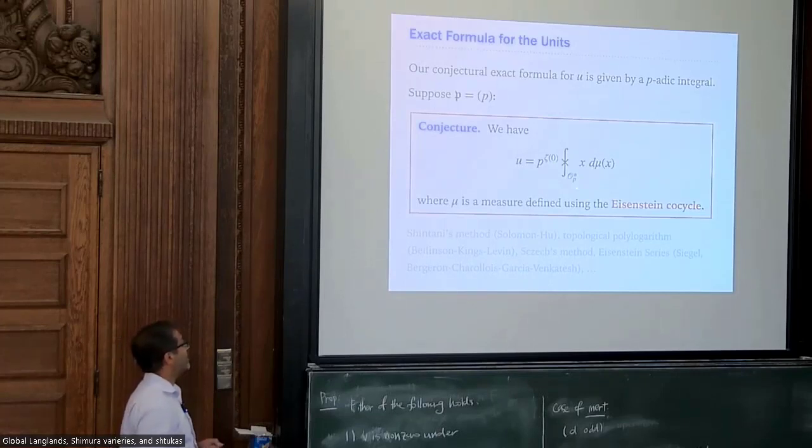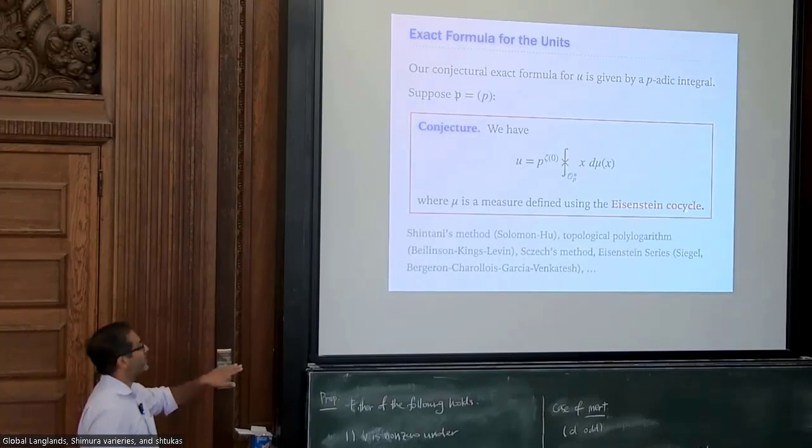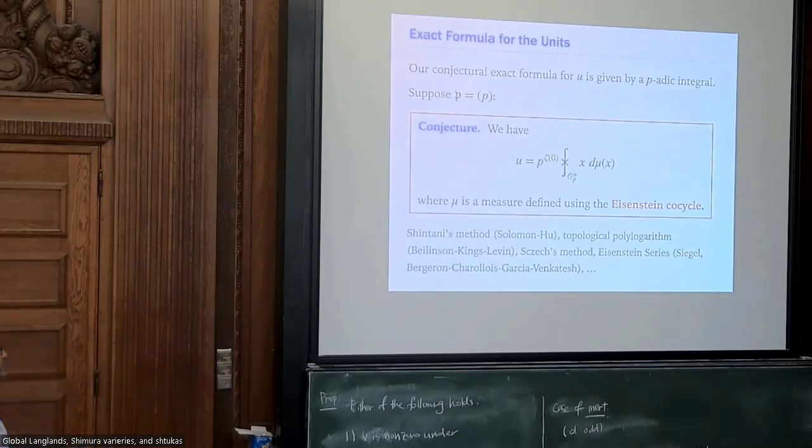And that is given by an integral, and it's a super simple integral from the right perspective. It's just the integral of the function x, and the depth is contained in the measure. So what measure are you integrating the function x with respect to? This is a measure defined using the Eisenstein cocycle. I could give a whole lecture on how to define the Eisenstein cocycle to make this conjecture more precise, but I just want to give you a flavor of it. It's just some p-adic integrals with respect to some measure that you can write down explicitly.